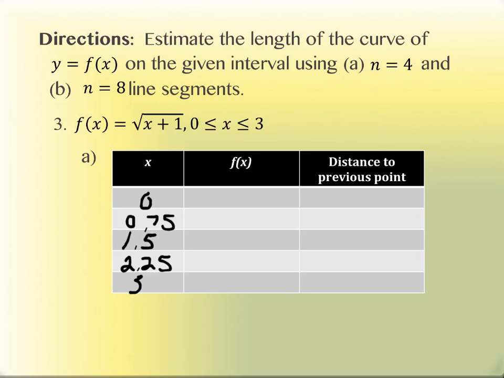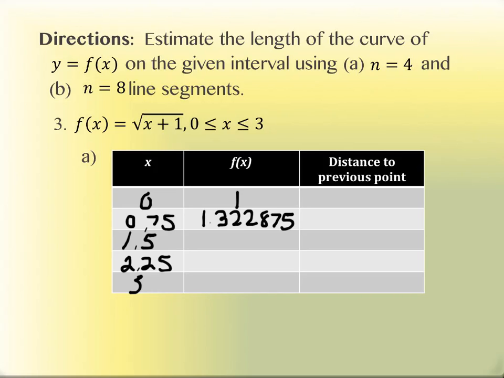I have 1. I have 1.32287. And this time, just to show you it doesn't make any difference, I'm just going to keep the numbers as they are. I'm not going to do any rounding. I'm just going to write the first 6 decimals, which is fine.